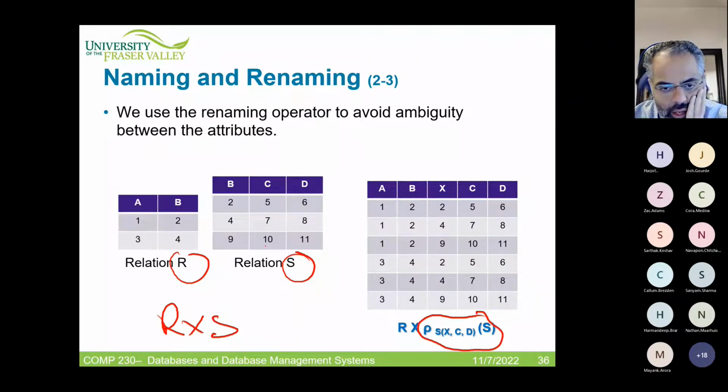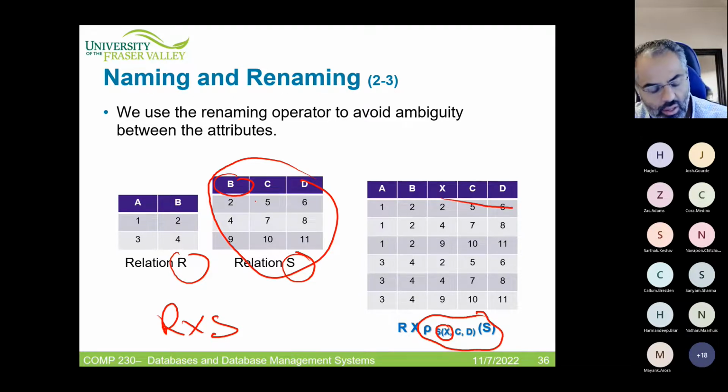So rather than having, for example, BCD, I will say, go ahead, take a copy of S, however, rename B and give it as X. So the final output will have XCD, and will not have BCD, because I told the system, the compiler, that we need to rename the existing attribute.